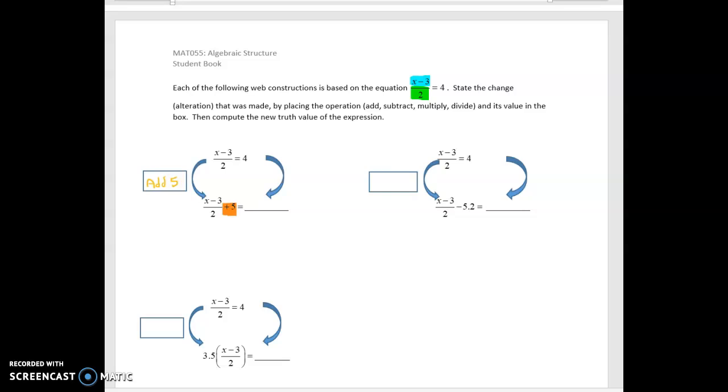And so if our new expression has changed by 5, that means the new truth value has also been added by 5, which means that we are going to make this new truth value worth 9. So the full entire expression, x minus 3 divided by 2 plus 5, its new truth value is now 9.